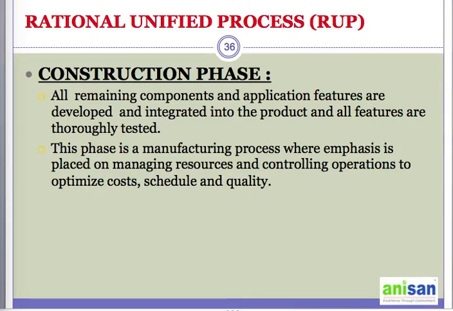So this will be continuously changing, and we will have to keep updating them. Then we also have a preliminary user manual if it is required. So this is the outcome for the elaboration phase.